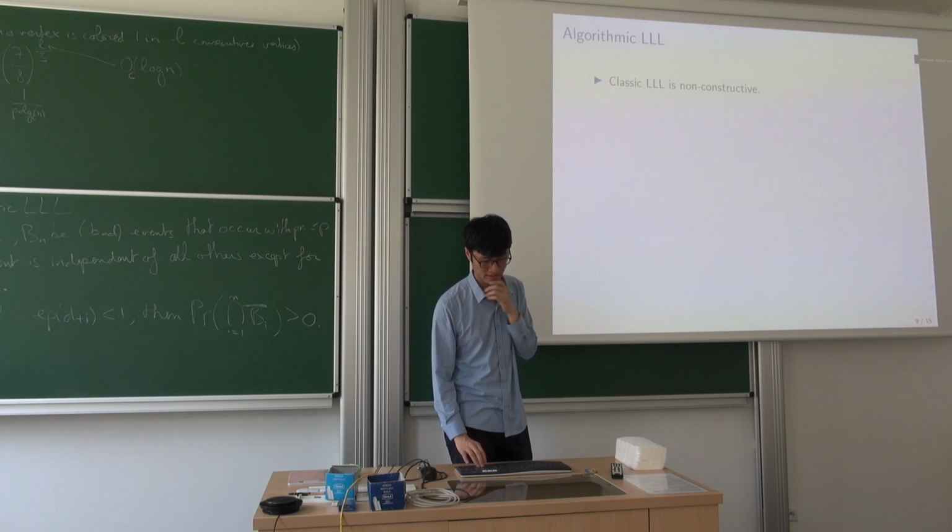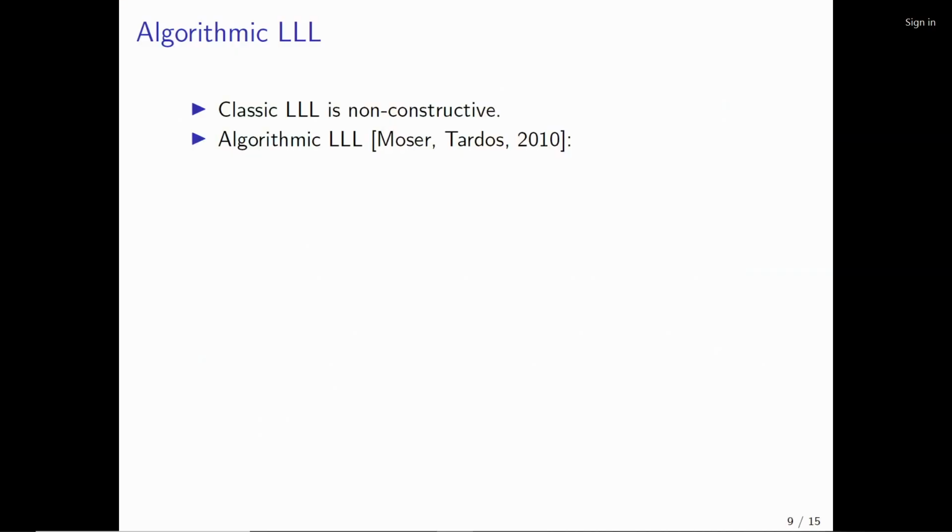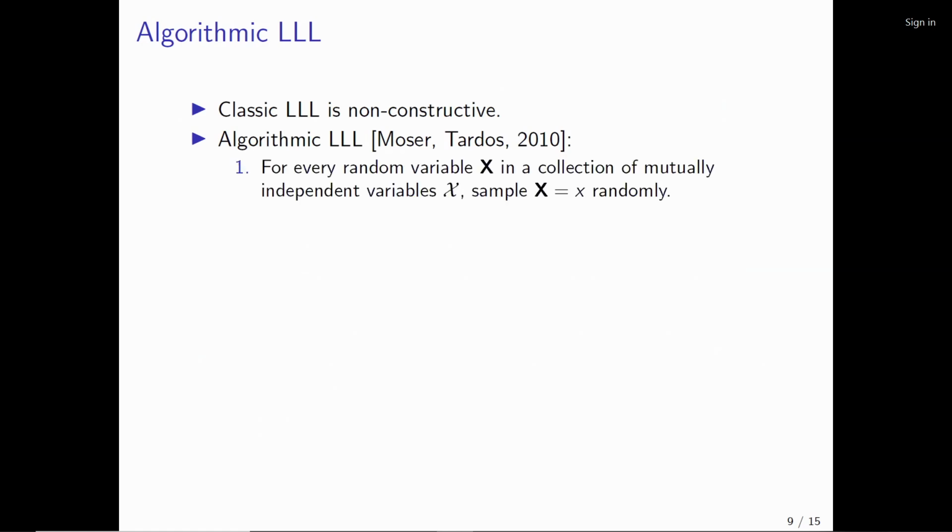Okay, so yes, classic LLL is non-constructive. And actually, it took quite a long time. So in 2010, Moser and Tardos showed a very famous proof now that the idea that we just mentioned, this very naive idea of just taking something at random, works. So for every random variable in all of your problem here, you just pick a value randomly.